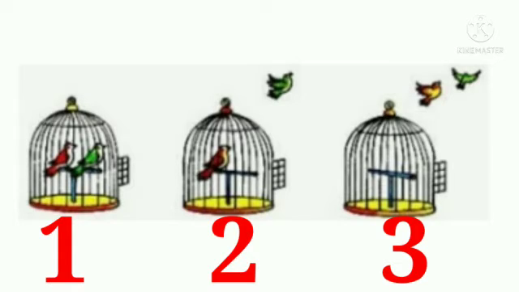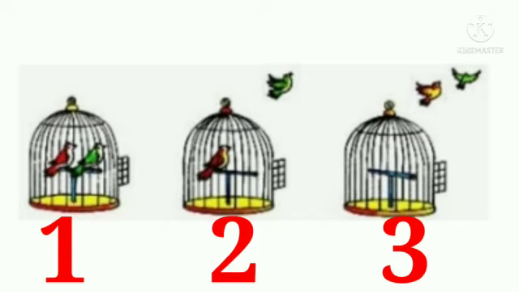With this example, you can see in cage 1 there are 2 birds in it. Now in cage 2, one bird flew away and the cage has one bird in it.